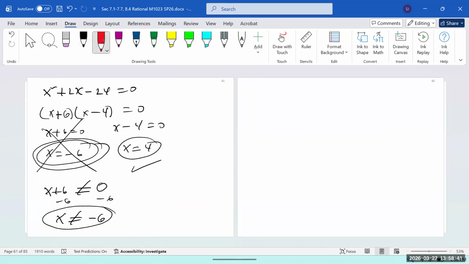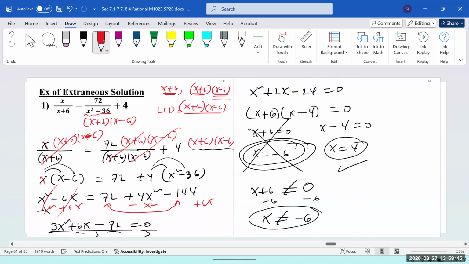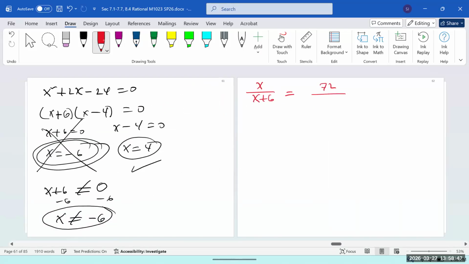We have x over x plus 6 equals 72 over (x plus 6)(x minus 6) plus 4. Now you can start copying. Remember I said bring everything to one side so you can see 0. So your choice. You can bring left to the right or right to the left. It doesn't matter.